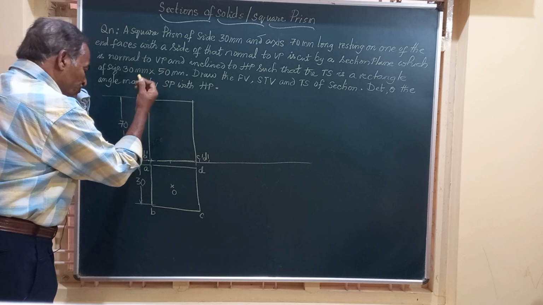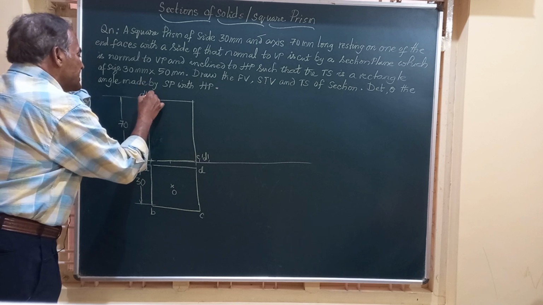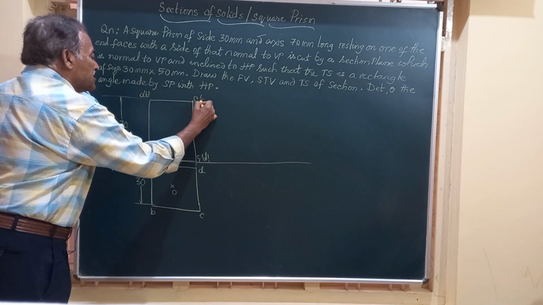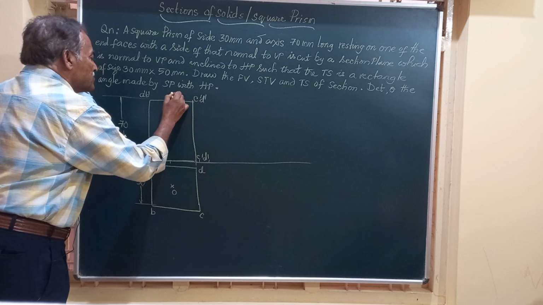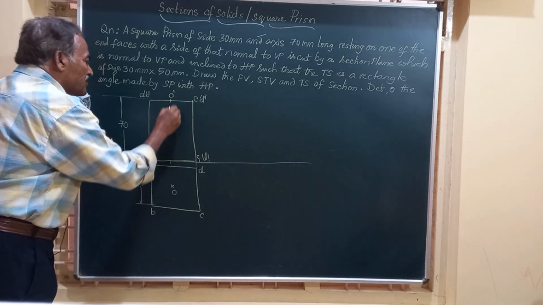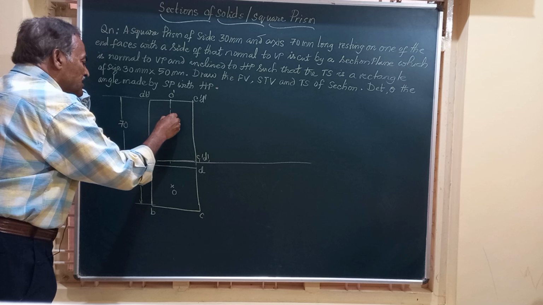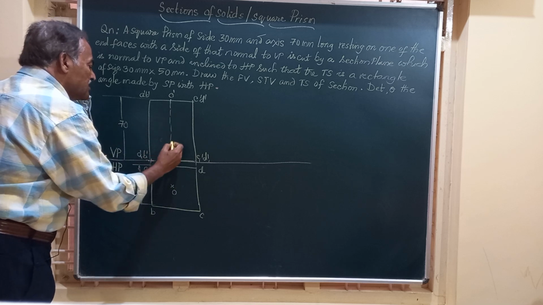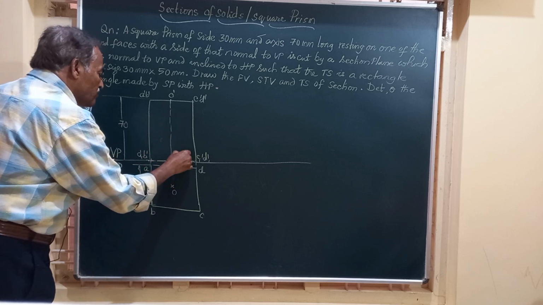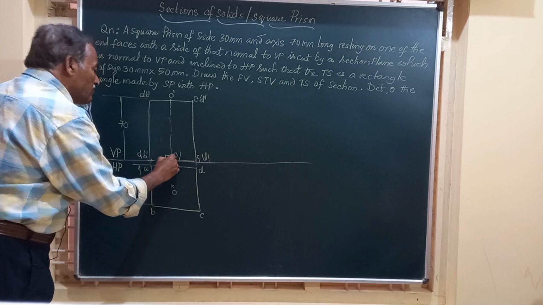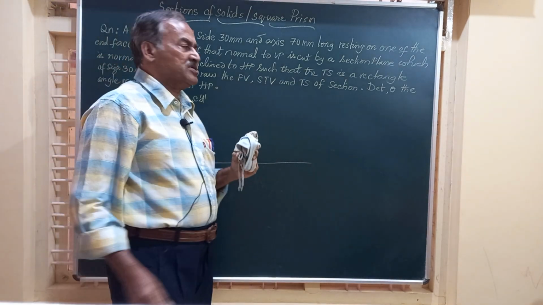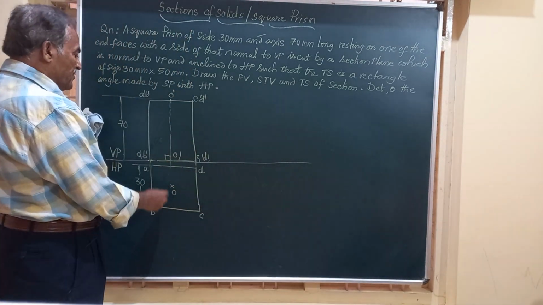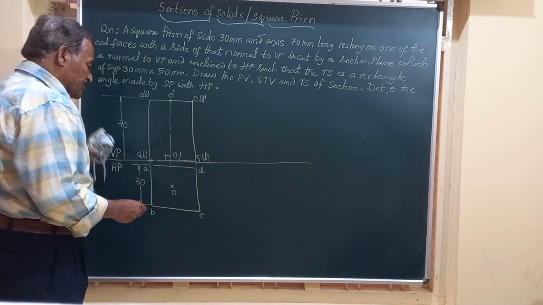Similarly, for the top face, it is A dash, B dash, C dash, D dash. The center is O dash. The center of the bottom face is O1 dash, and this vertical line is the axis O dash, O1 dash, which is normal to HP. This is how we obtain the front view and top view of the solid.